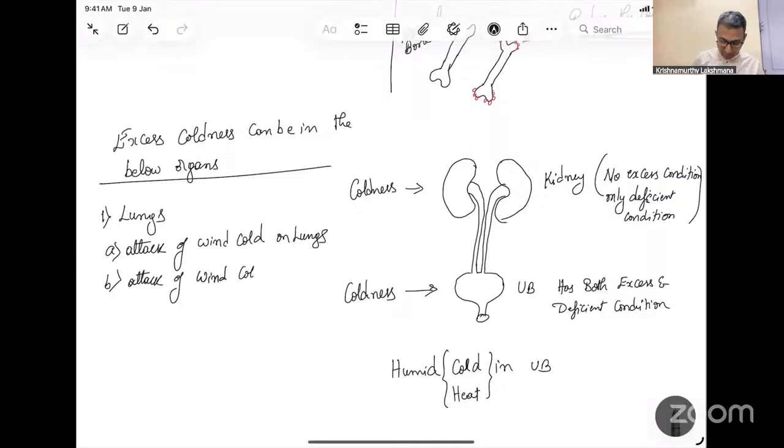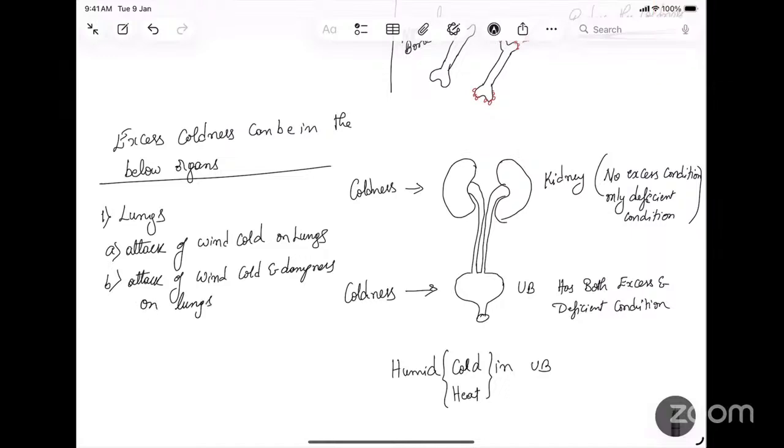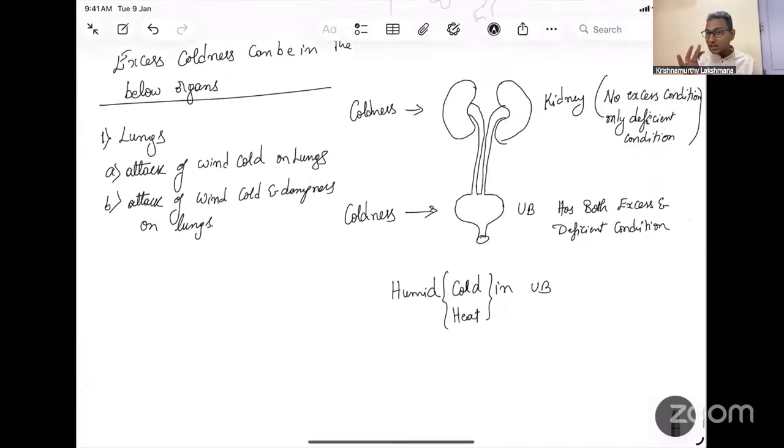See, just by knowing this, you can fix so many things, if you only understand this much. So these two are possible in lungs.